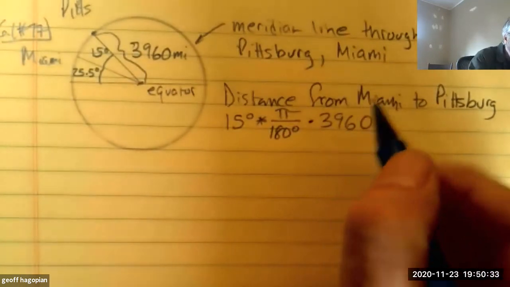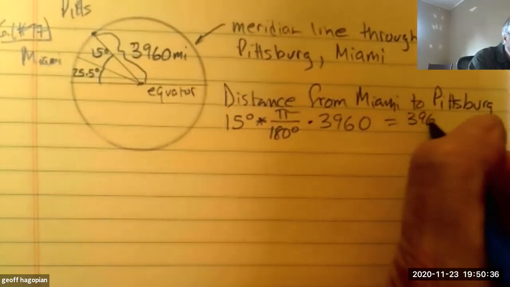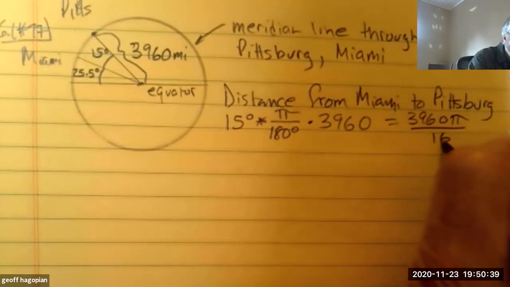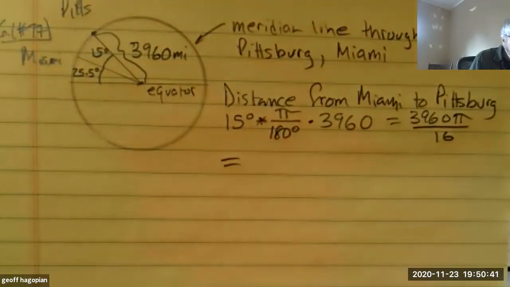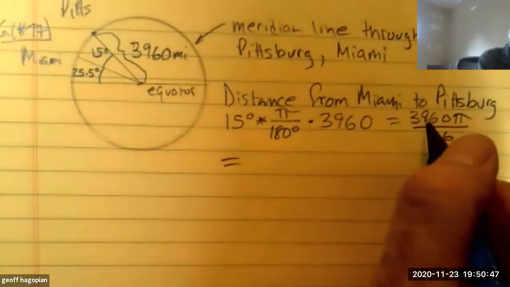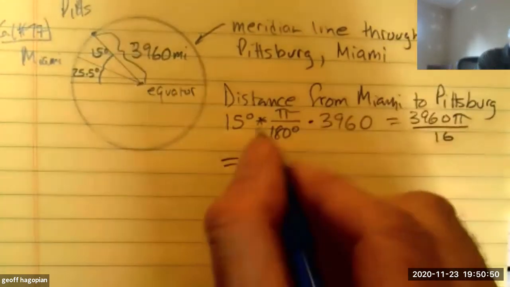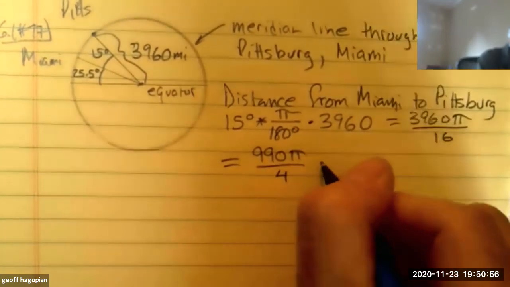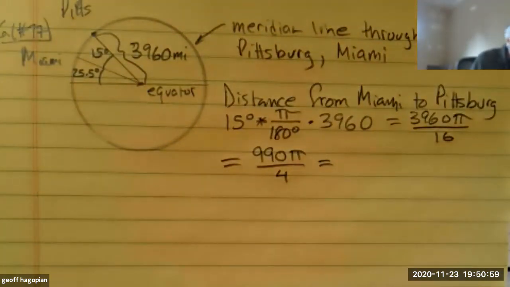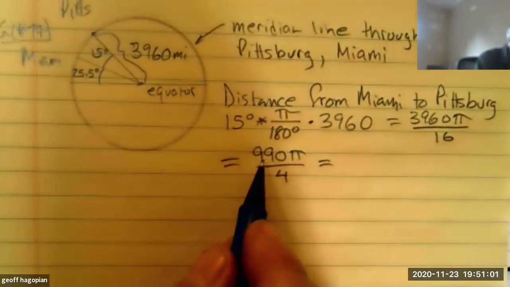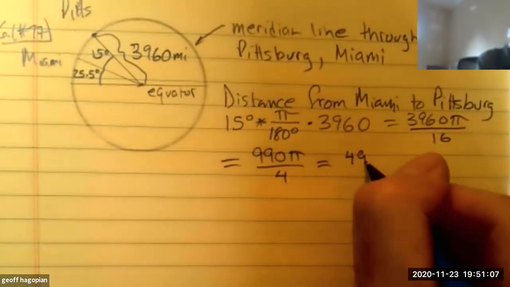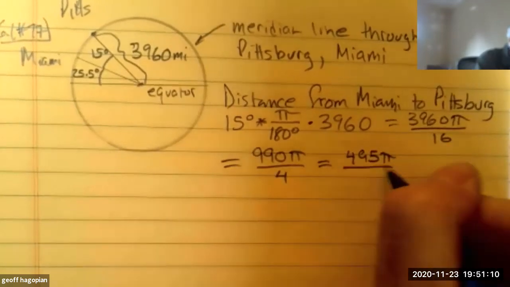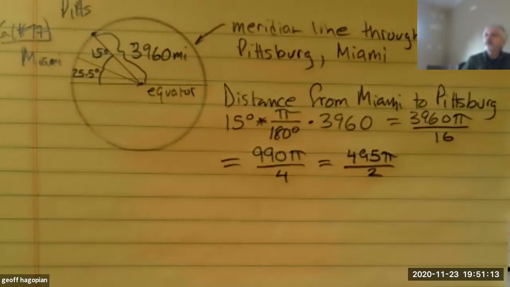Is this evenly divisible by 16? So this is going to be 3960 pi over 16. Shall we reduce that? We can reduce by a factor of 4 at least, right? So I'm going to say 4 goes into this 990 times. Yeah, I could have done better, right? So how many times is this divisible by 2? It's 495 times 2. So we can reduce by a factor of 2.